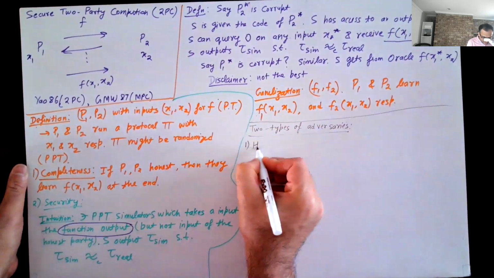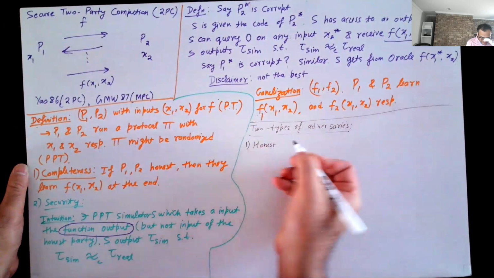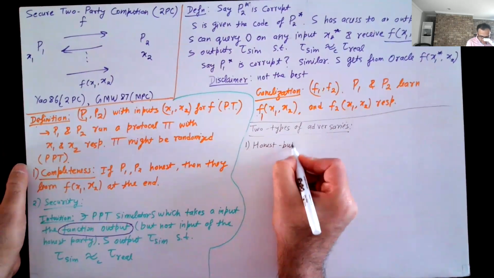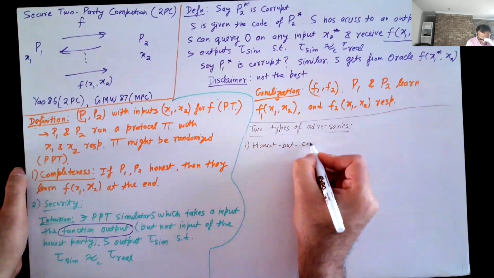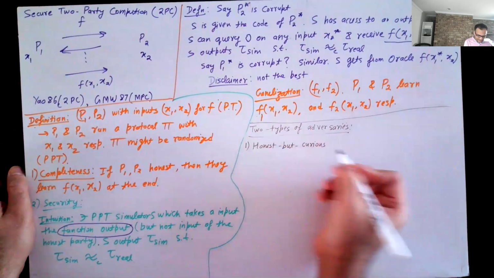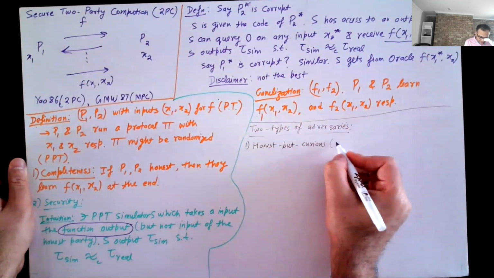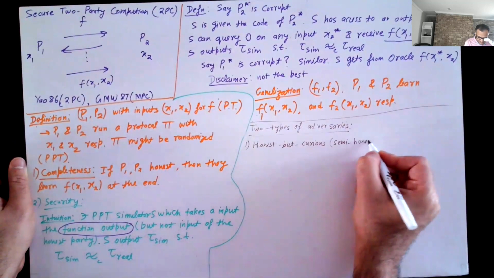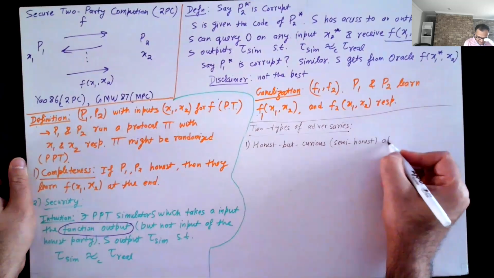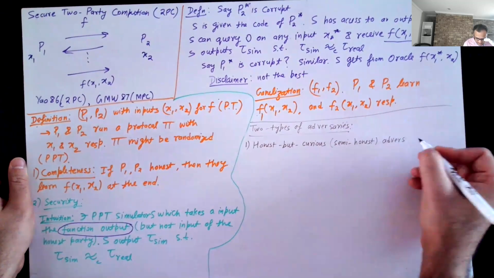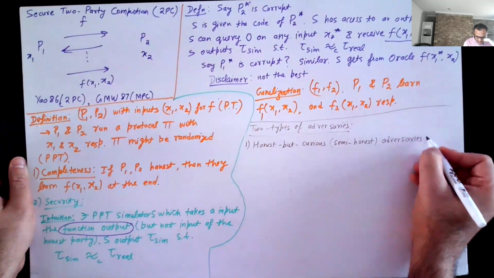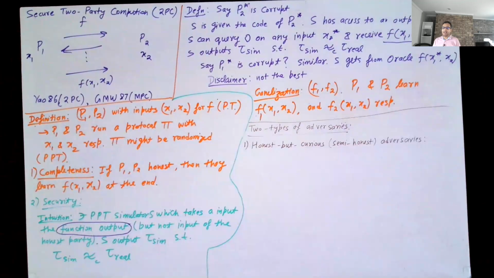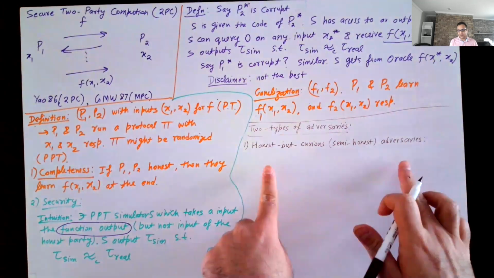And they are known as honest but curious, also known as semi-honest adversaries. And our first goal will only be to construct protocols which are secure against honest but curious adversaries.